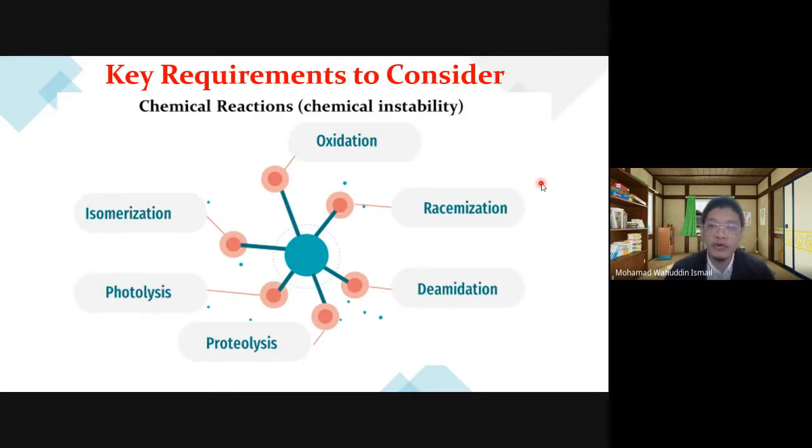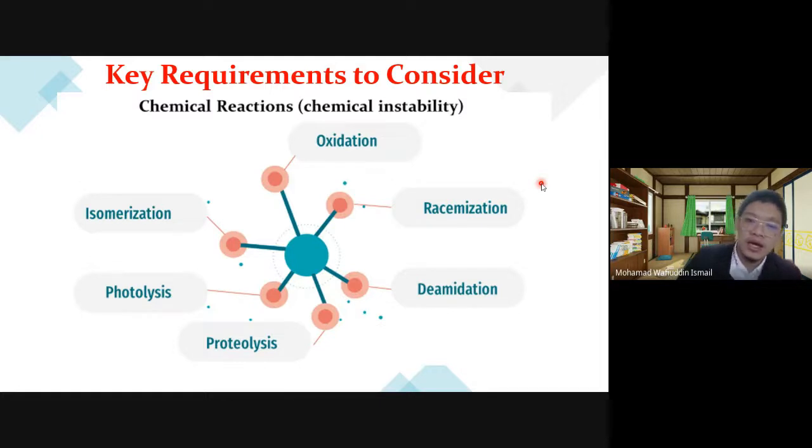This reaction will produce a new type of protein or new product, maybe some kind of breakdown due to the instability. So at the end, if this occurs, all the therapeutic properties backed by the protein are not applicable because of this kind of chemical reaction.